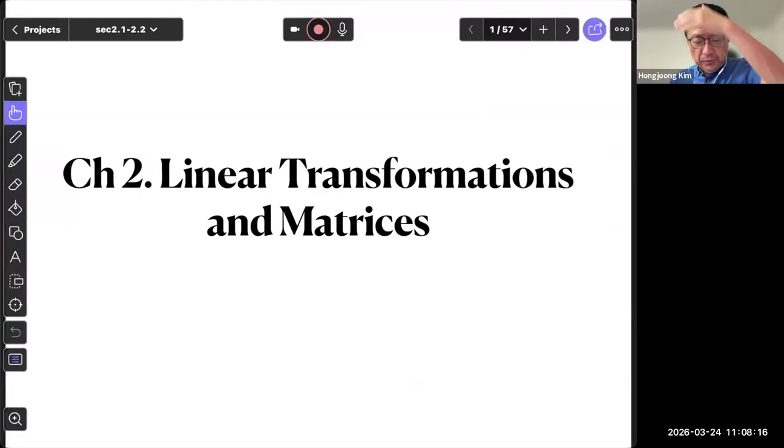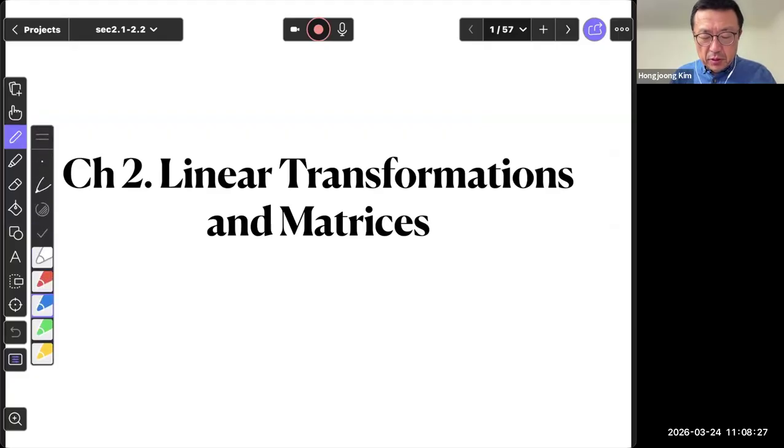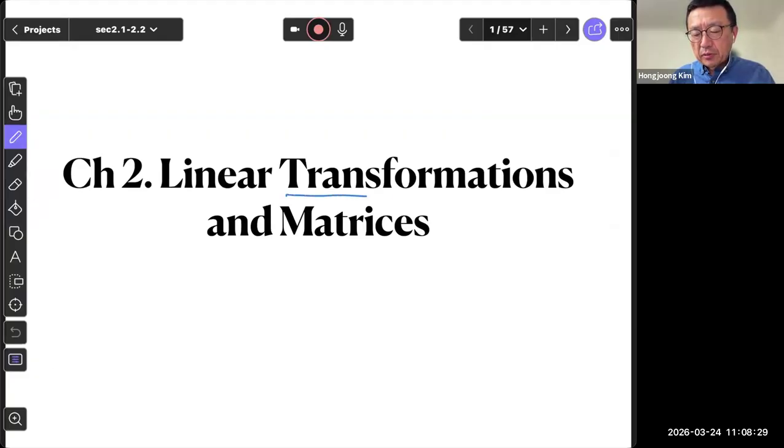Okay, so in chapter 2, we will consider transformations. A transformation is just a mapping. It is a function. It is a map. What is a function? What is a map?